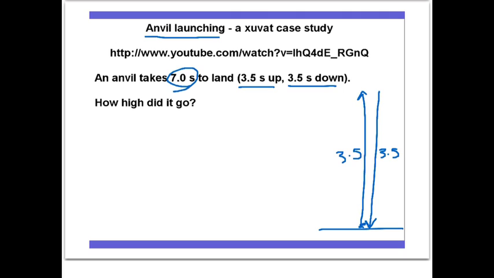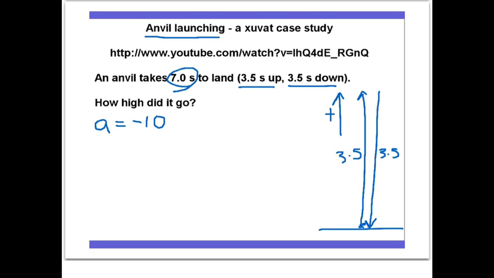So next step, let's make a list. Wait, first we need to define our directions. We'll define up as positive. So that direction is positive. So now when we make our list, acceleration due to gravity will be negative 10. And we should expect a positive answer for displacement here.